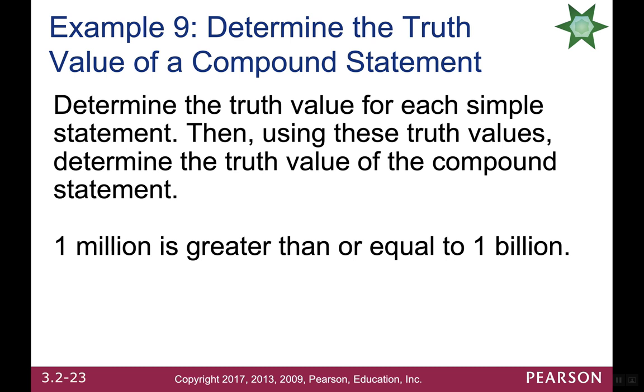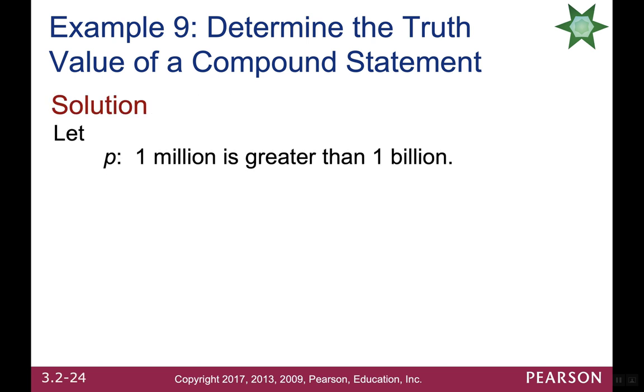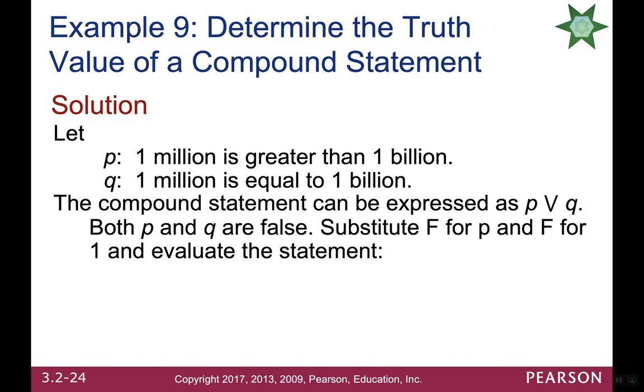Okay? So the connector is an OR, so if I negate it, that's a NOR. So let's play. So P is going to be 1 million is greater than 1 billion. Q is going to be 1 million is equal to 1 billion. The compound statement is P or Q.